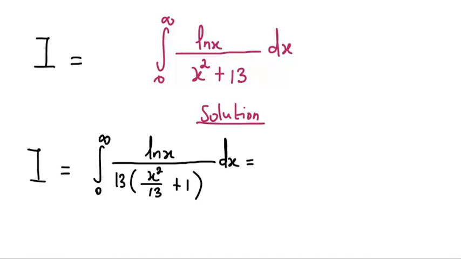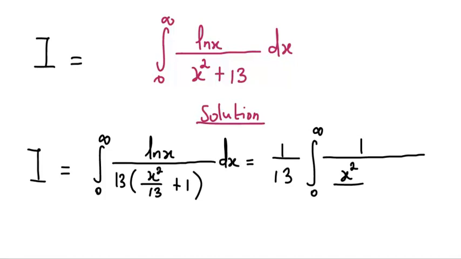Now the 1 over 13, bring it outside: 1 divided by 13, multiplied by the integral from 0 to infinity of 1 divided by x squared over 13. 13 is the same as root of 13 whole squared, and then plus 1 and dx.